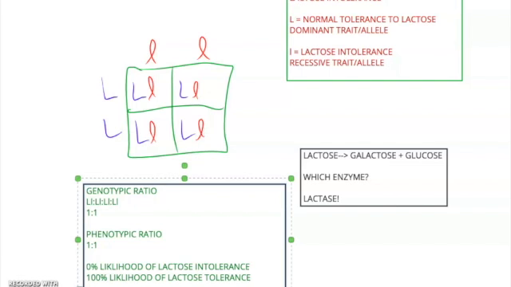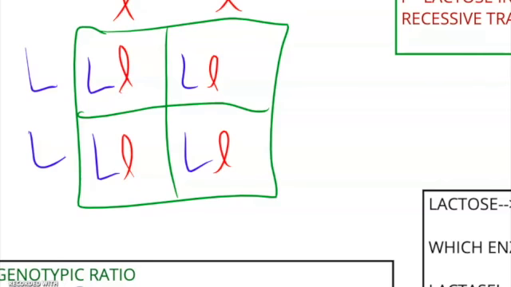So let's do another example where we are looking at if the parents had different genotypes. Okay, so let's say that the Punnett square looked like this instead.